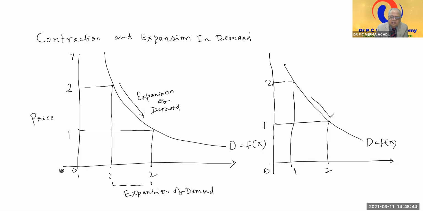Suppose price rises. This is called contraction. Contraction in demand. Price rises, contraction in demand. Price of X falls, expansion in demand.